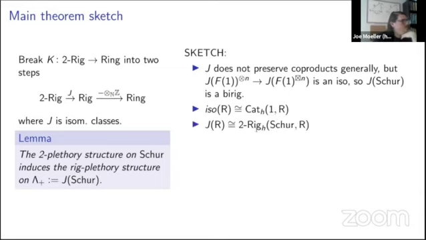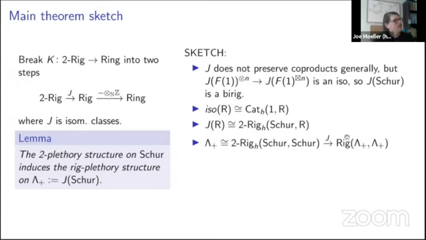Then we can lift that up to looking at 2-rigs and say that taking isomorphism classes of your 2-rig is the same as looking at 2-rig maps from Schur into R, but similarly in this 1-category where we took isomorphism classes of the 1-cells. And then now if we take R specifically to be Schur, then we get lambda plus, the isomorphism classes of that category, is going to be 2-rig maps from Schur into itself.